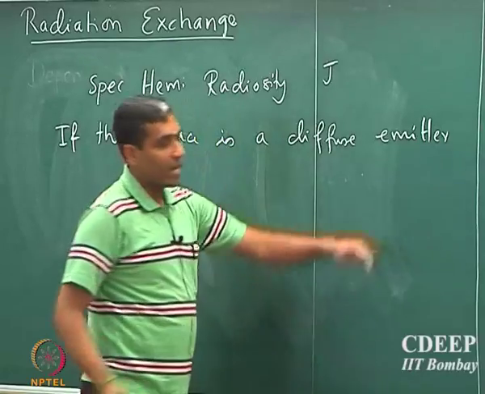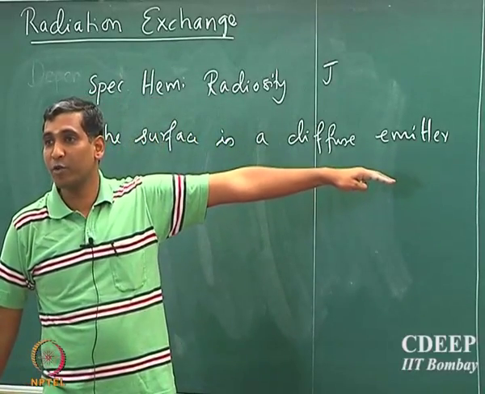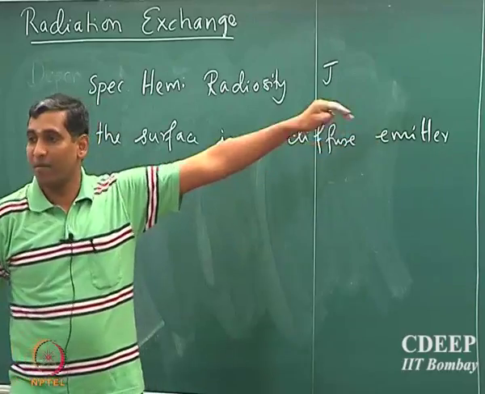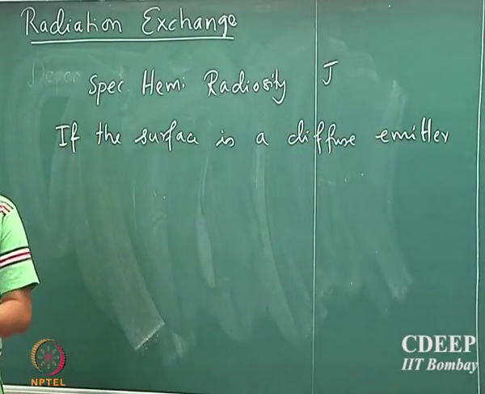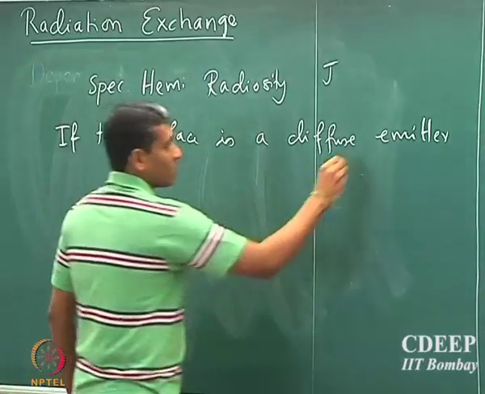When I say emitter here, I mean it is diffuse with respect to both the emission from its surface plus the reflection.